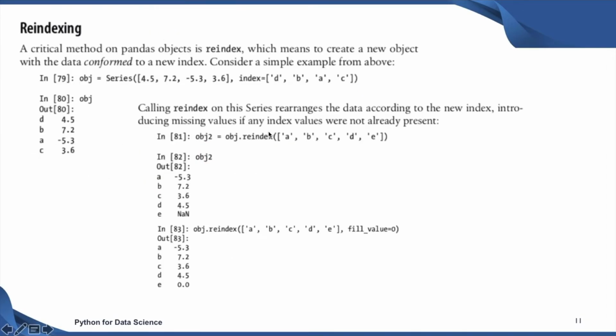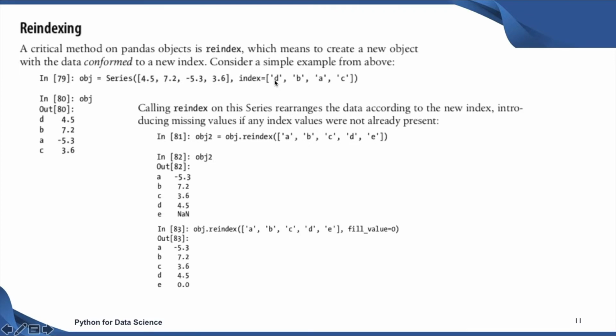Okay. So then if we encounter some kind of problem, how do we face this or overcome this situation? Here in the example you can see that there is a series object with the index as D, B, A and C. I wanted to change my index, or reindex, according to the correct position, that is A, B, C, D and E, and you can see that E is not present.